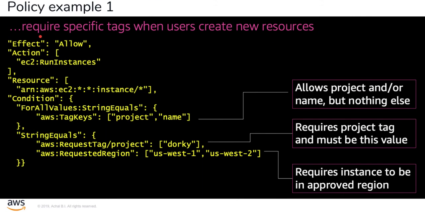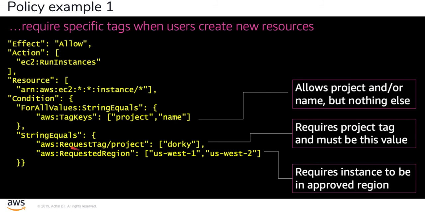So here, in this policy example, we have specific tags for when a user can create a new resource. Here is an example. The action is ec2 RunInstances, and he can run an instance for any resource under the keys project and name under tag keys.